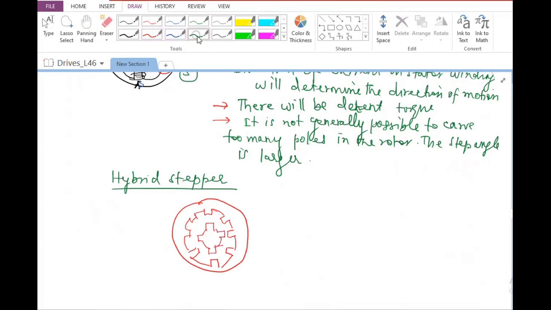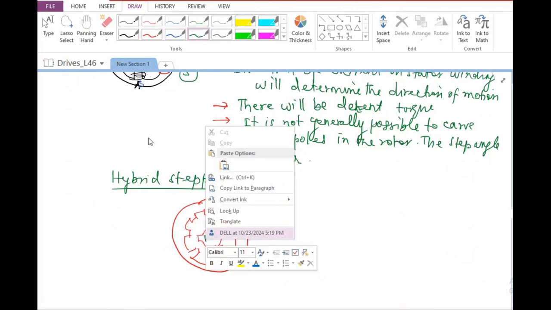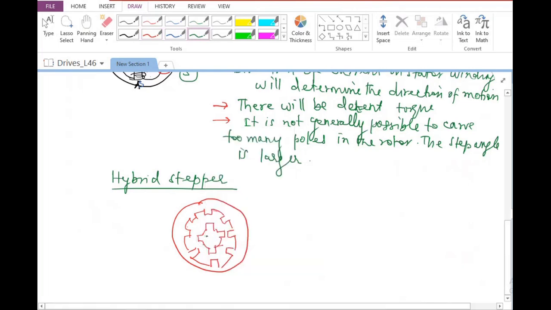I may still have a North Pole buried here, and one more North Pole buried here, whereas I may have a South Pole buried here and a South Pole buried here. I should be able to have small magnets buried inside, and I can have a larger number of teeth carved all over.